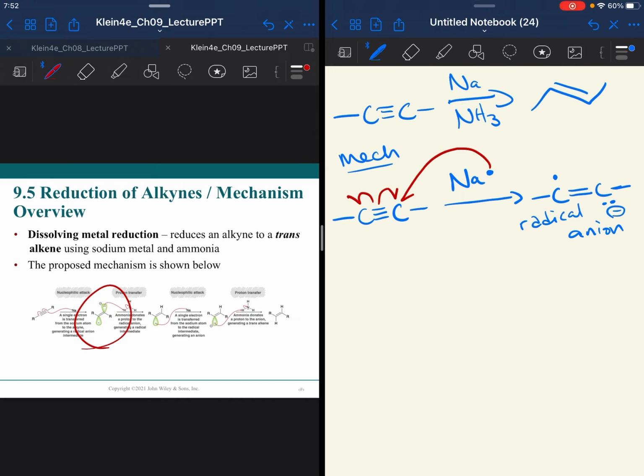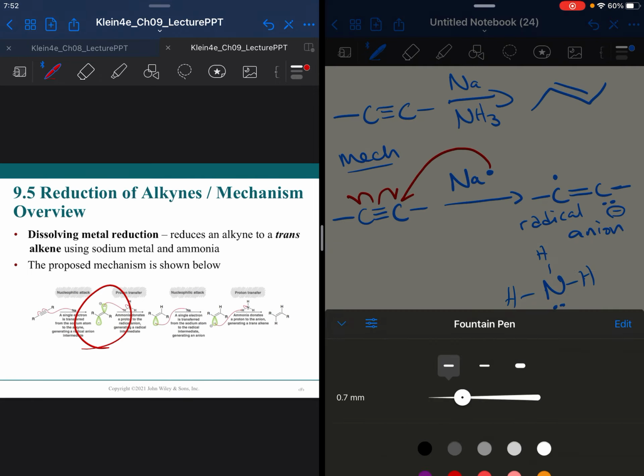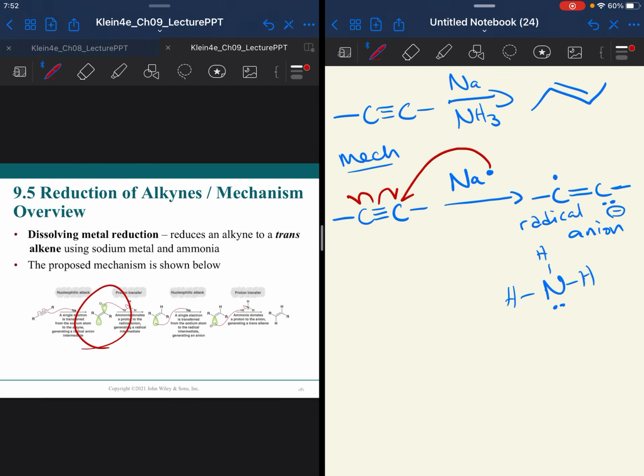And so to maintain the other pi bond that's still there for the double bond, they adopt this trans arrangement. Then because we have NH3 around, now ammonia is not considered an acid, but a carbon with a negative charge, especially one in a double bond, is really uncomfortable. So this is actually a really strong base, and it will steal a proton from your ammonia.